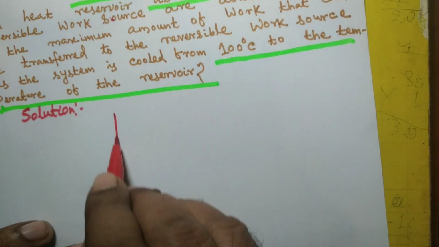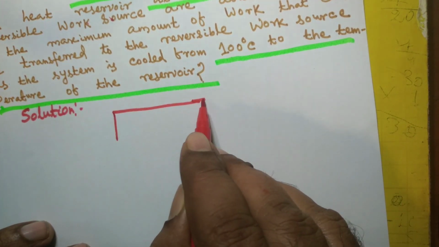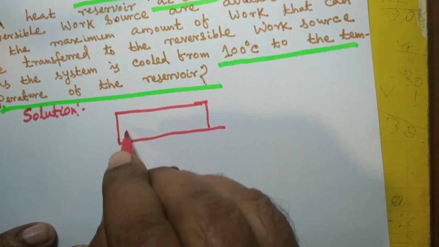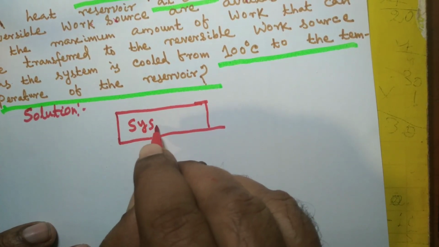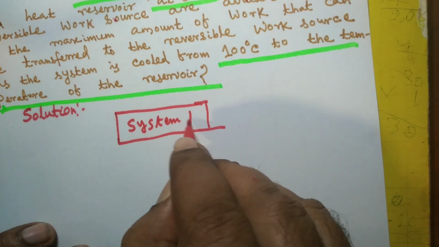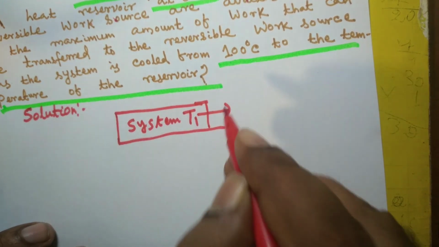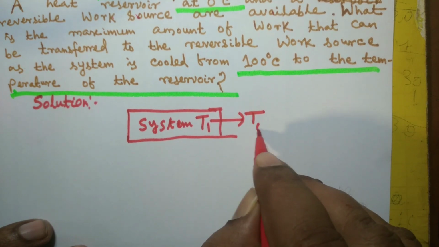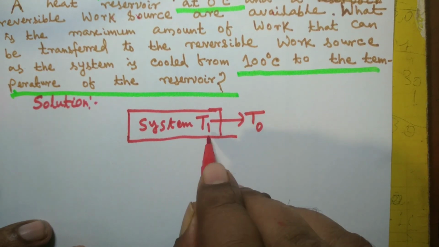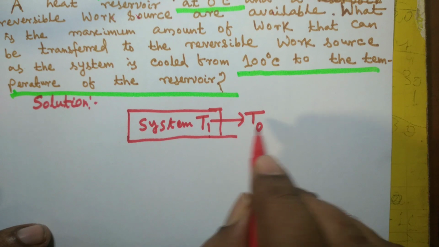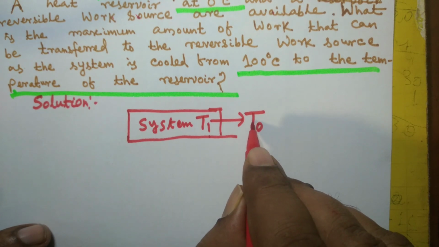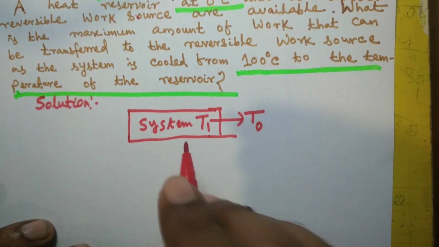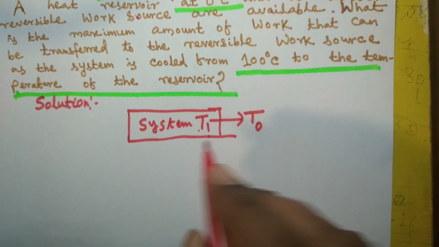So, the reservoir is at a temperature of 0 degrees Celsius. Suppose this is your system which is at temperature T1, and the heat engine will produce work only up to the point when the system's temperature goes down to T0, the temperature of the reservoir. In this case, T0 is 0 degrees Celsius and T1 is 100 degrees Celsius.